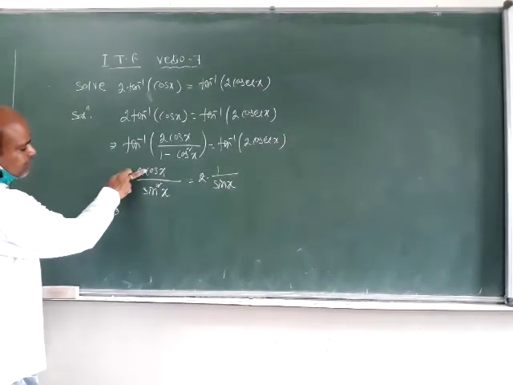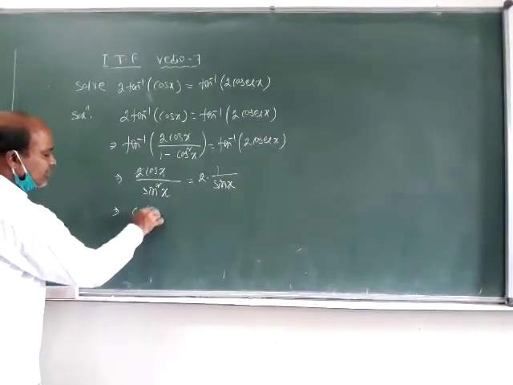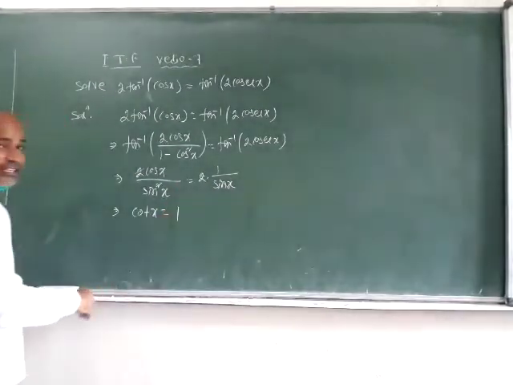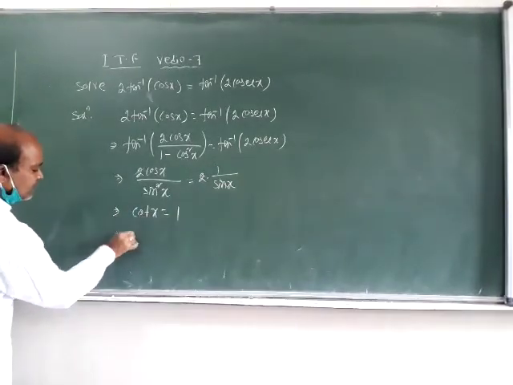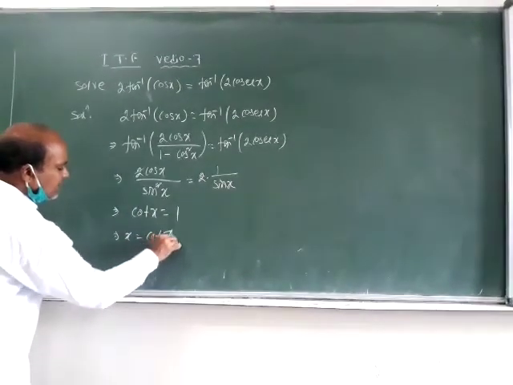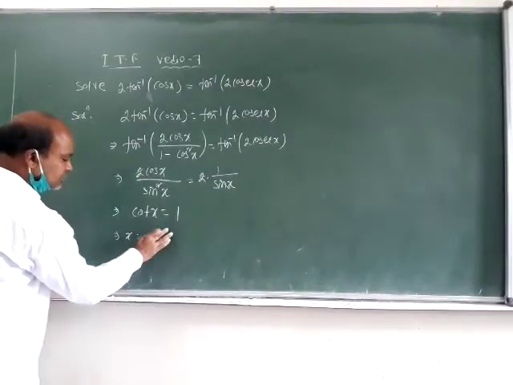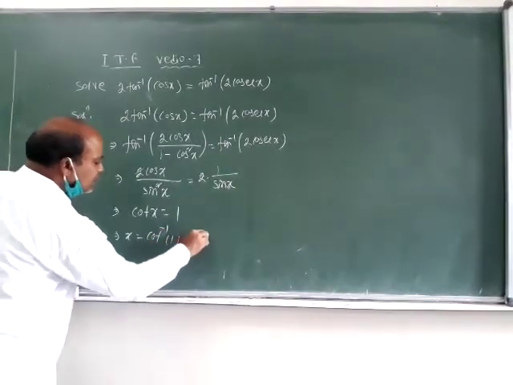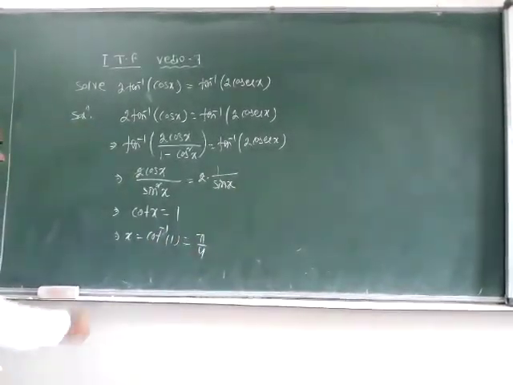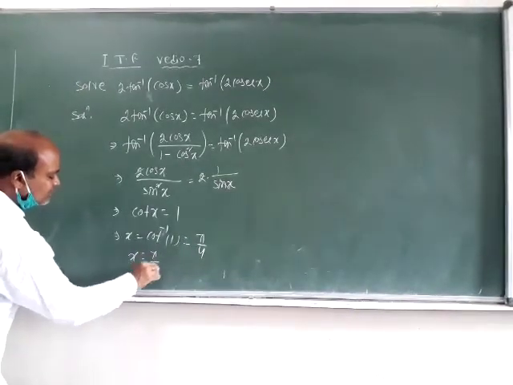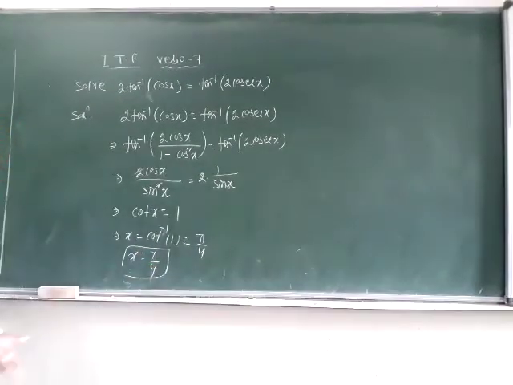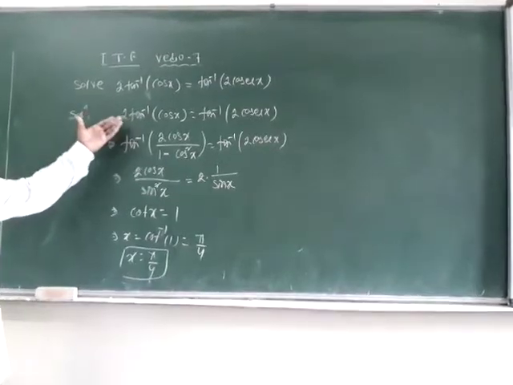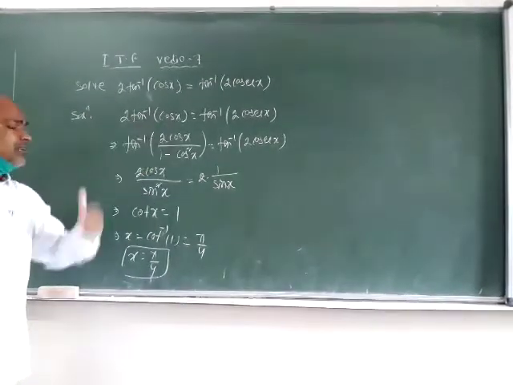Then what is left is cos by sin, that is cot x, equal to 1. If cot x is equal to 1, then x is equal to cot inverse 1, which gives the answer pi by 4. So x is pi by 4. Very small questions. Try to understand. You have to apply the 2 tan inverse x formula.